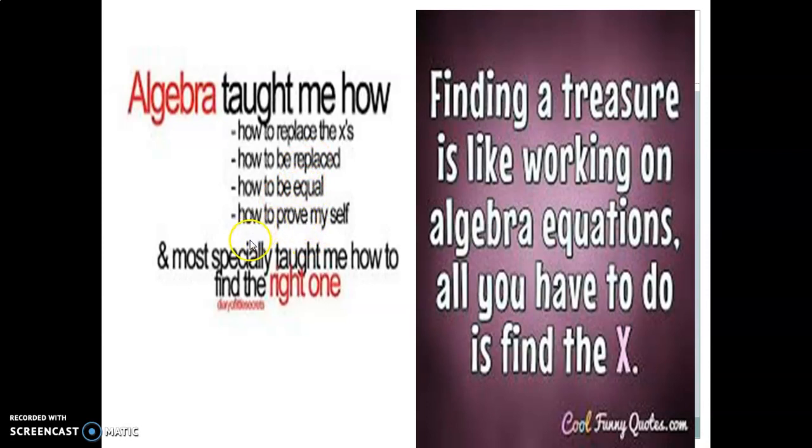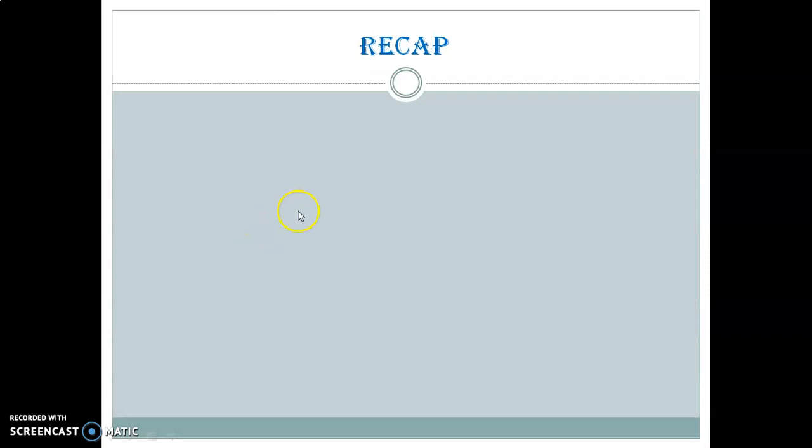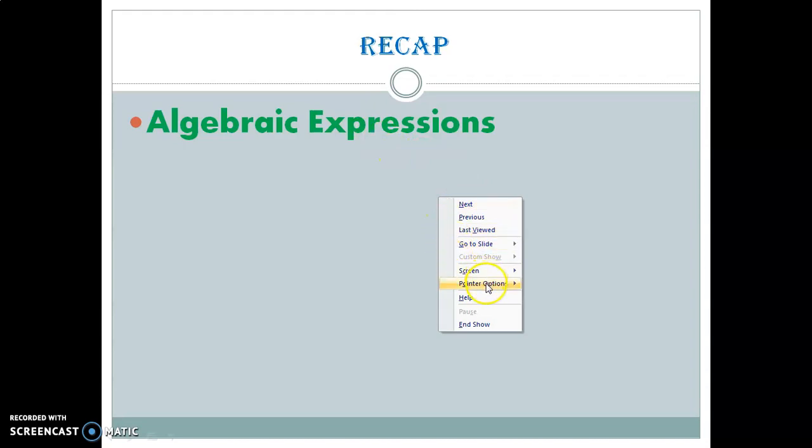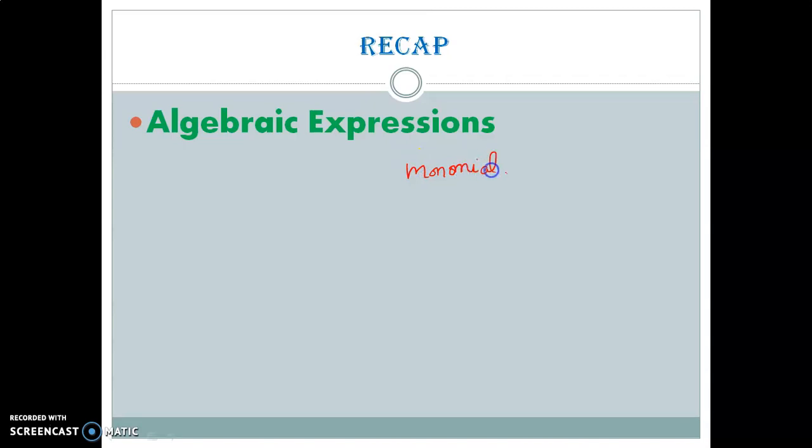Okay children? And let's have a recap of previous session now. We started with what is algebraic expression. Here we learnt types of algebraic expression. What are they? Yes, it is monomial, binomial, trinomial and polynomial.